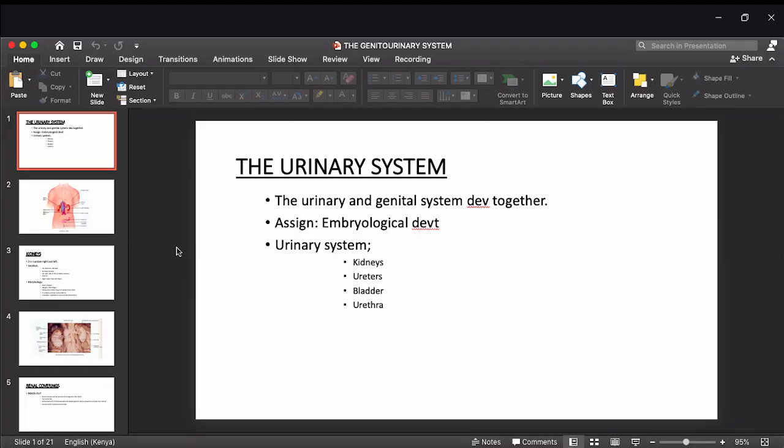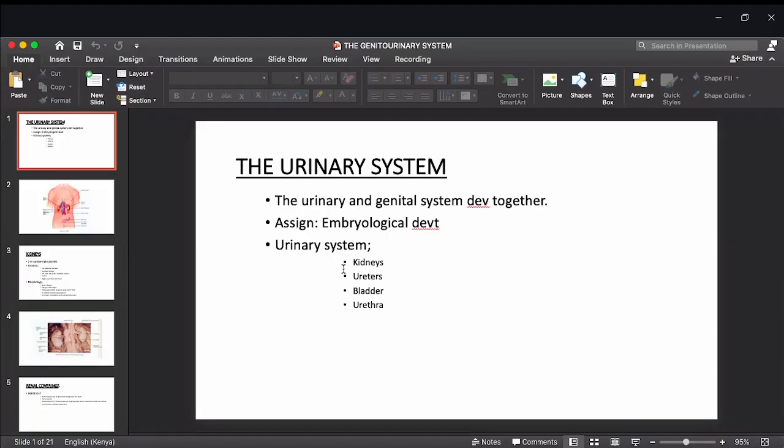So the genitourinary system comprises the kidney, ureter, bladder, and the urethra. But in our setup, the way our curriculum is designed, when you talk of the genitourinary system, we also mean part of the reproductive system. So we'll cover the kidneys, ureter, bladder, urethra, and then the pelvis.